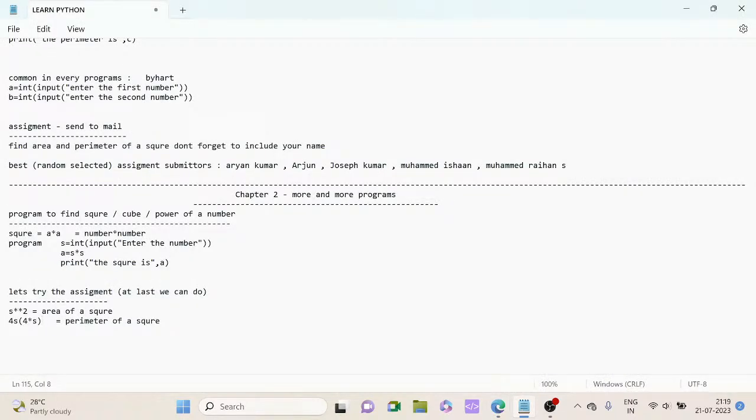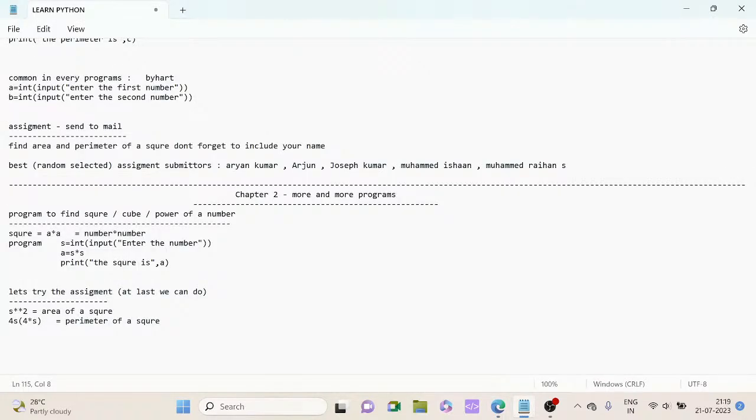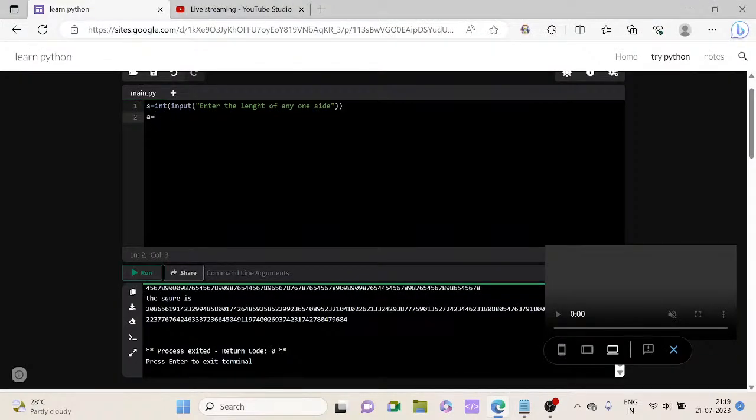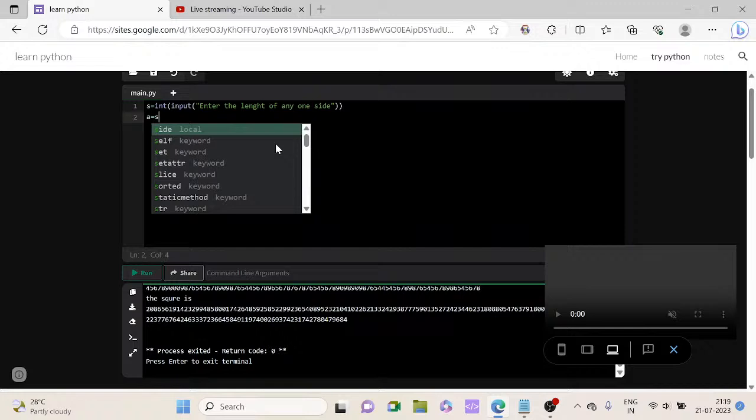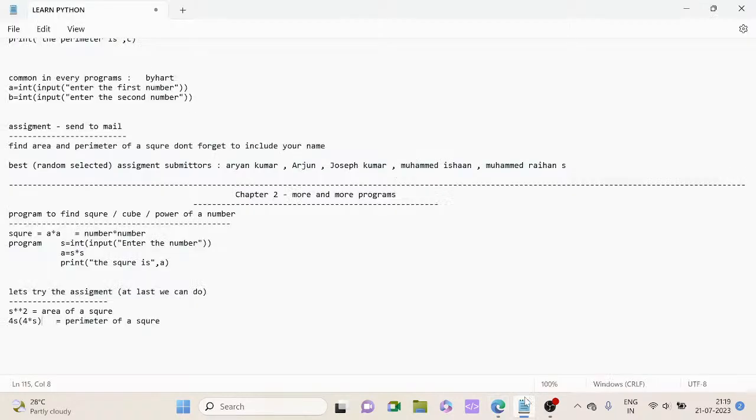Next thing, first is area, so we'll put A. Area of a square is what? S square. So we'll type S, and for square, I have said that for determining a power we will use two stars. I will teach you after this.